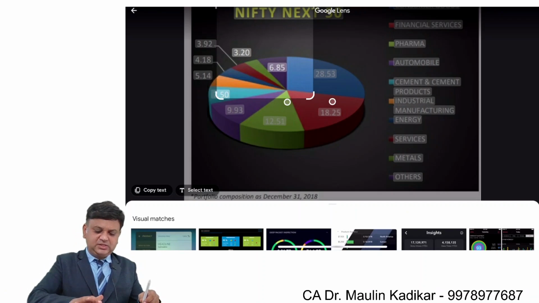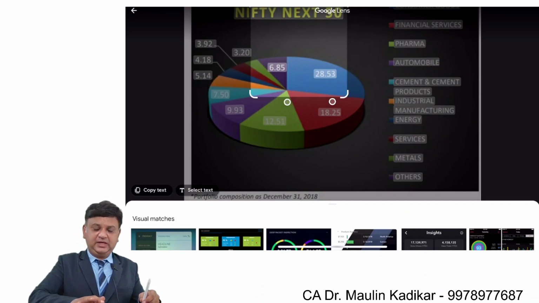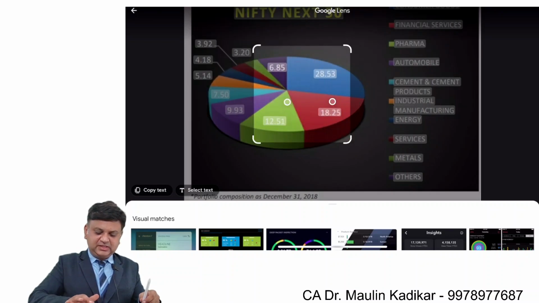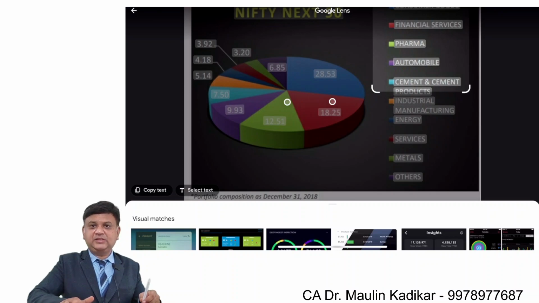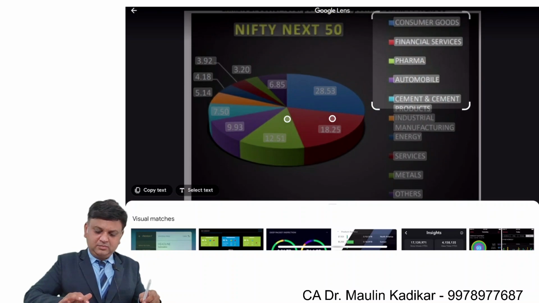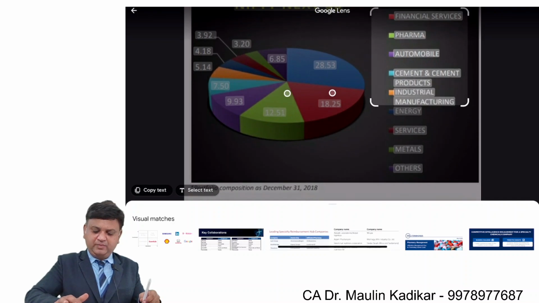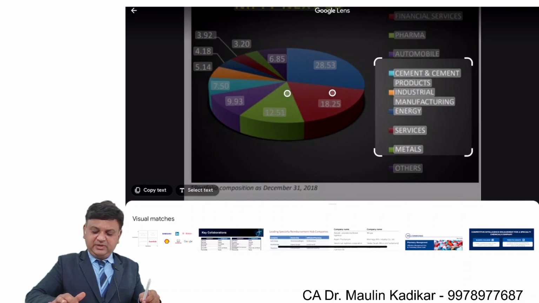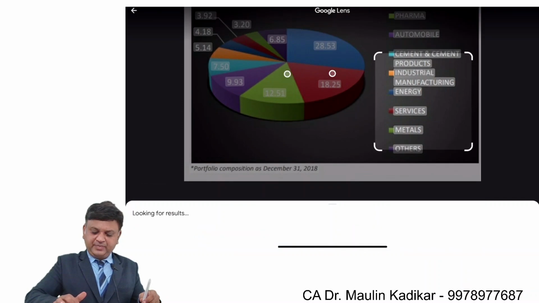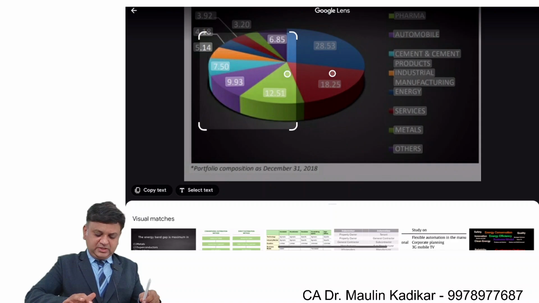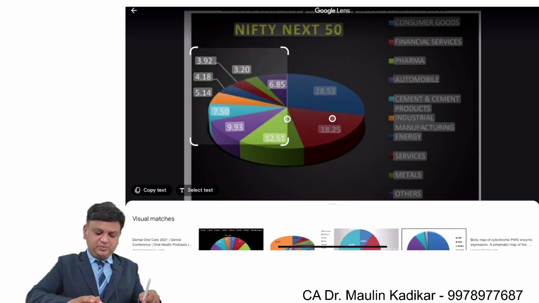So here is the Nifty 50 index. In that you can see the sectors which are included. One is consumable goods, financial services, pharma, automobile, cement products, industrial, energy, services, metal, and others. The component for each of them is also provided over here.